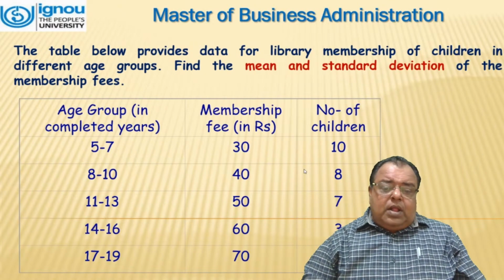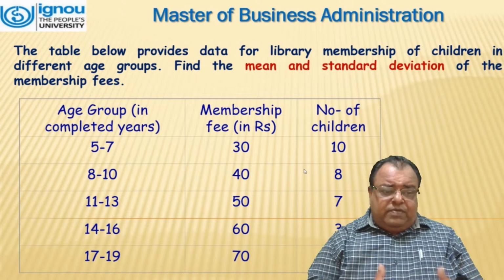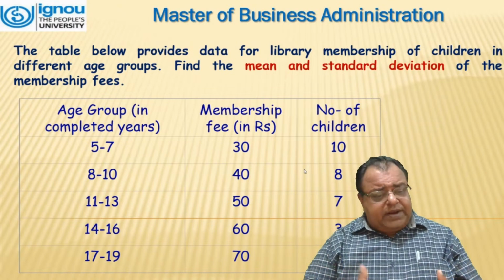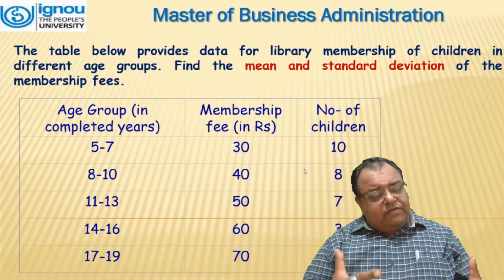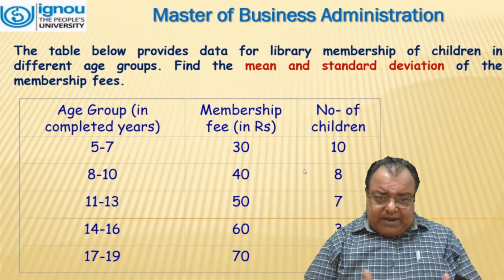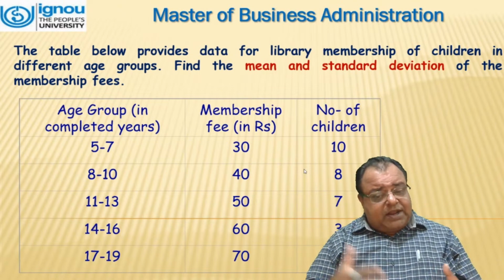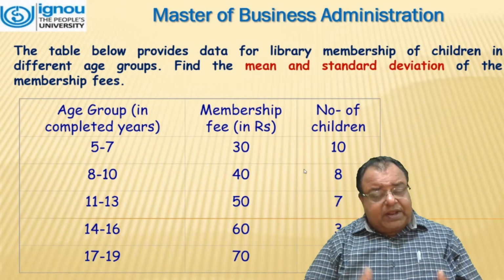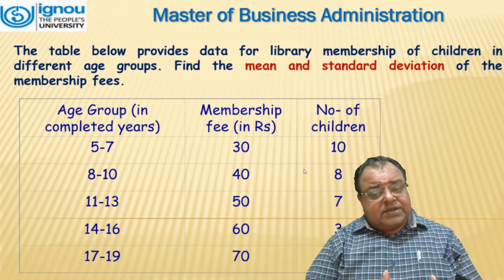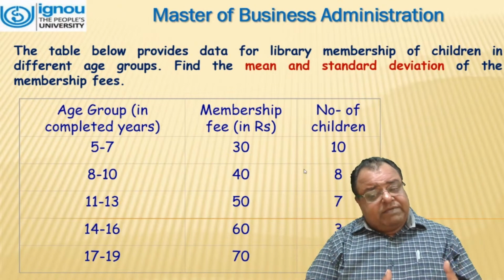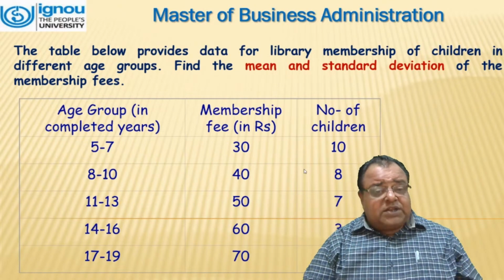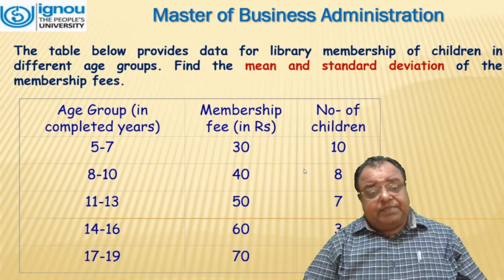Now, we have age groups from 5 to 7, 8 to 10, 11 to 13, 14 to 16, and 17 to 19. Membership fee is given to us, that is 30, 40, 50, 60, and 70. Now, the number of children is 10, 8, 7, 3, 2. This number of children will be treated as the frequency.